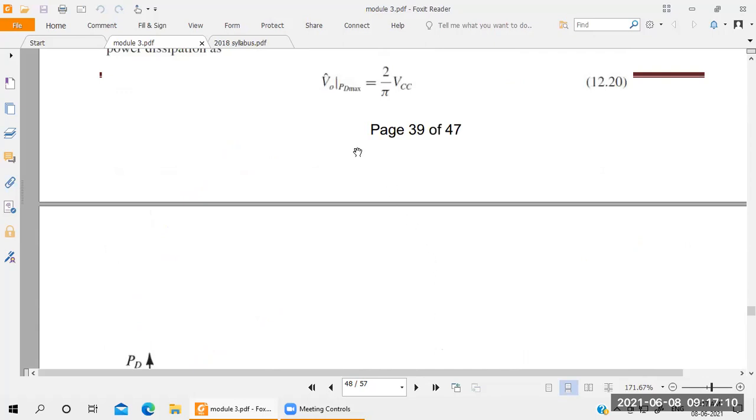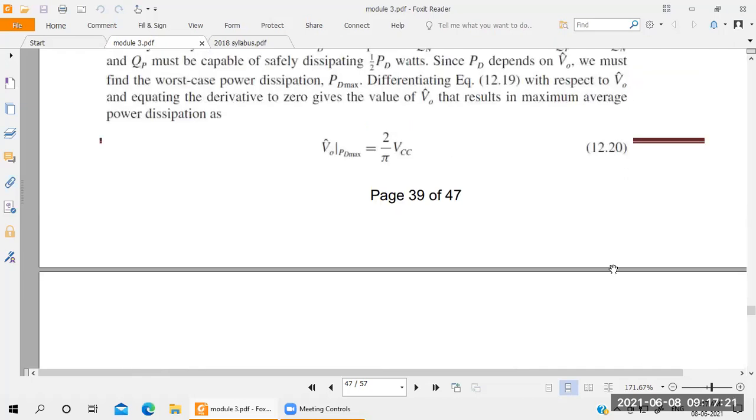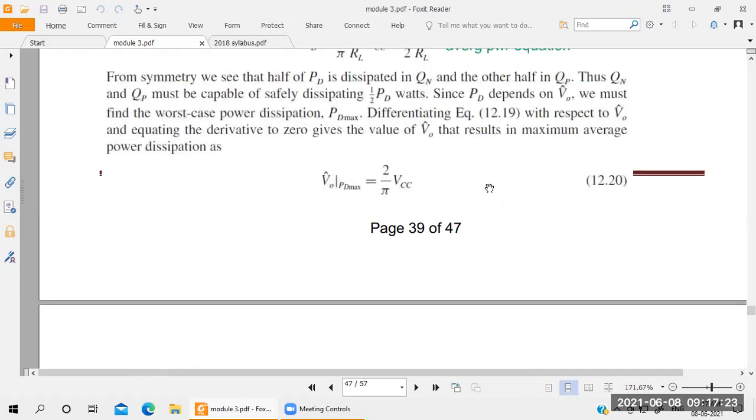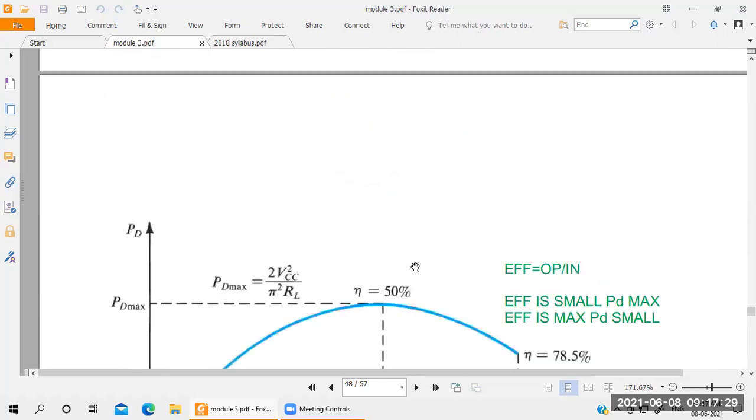Here you take V naught as 2 divided by pi into VCC. V naught means the output voltage, the AC output voltage, which is 2 divided by pi into VCC. Wherever V naught is there, you can substitute 2 divided by pi into VCC, then simplify.